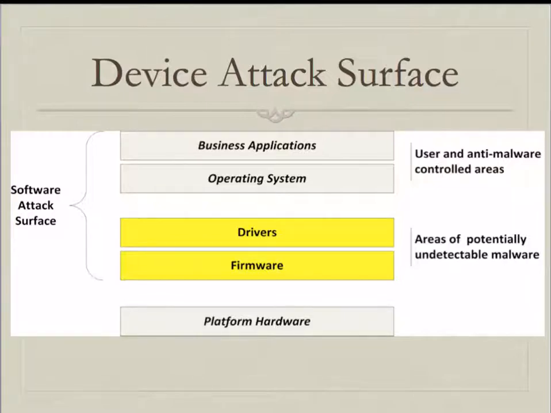We have drivers that are provided by the operating system vendor as well as the device vendors. And on top of that, we put the operating system and the business applications. The area of potential problems that destroy our foundation of trust on boot up are the drivers and firmware.